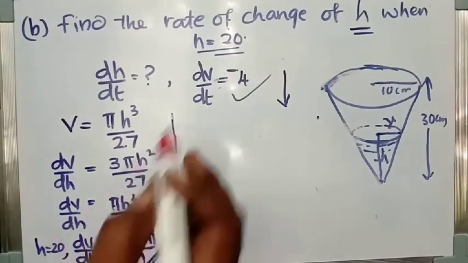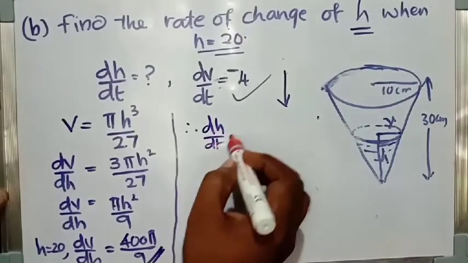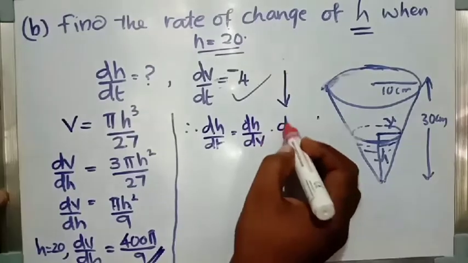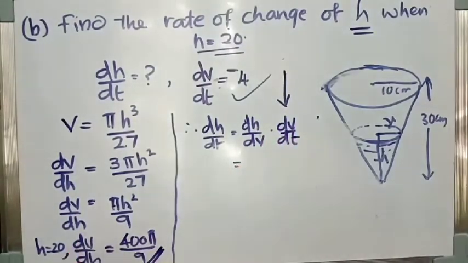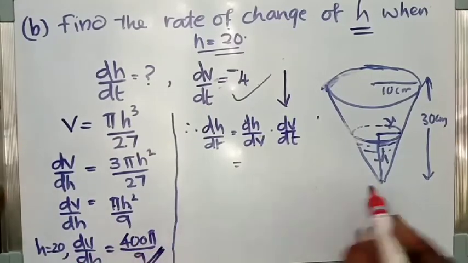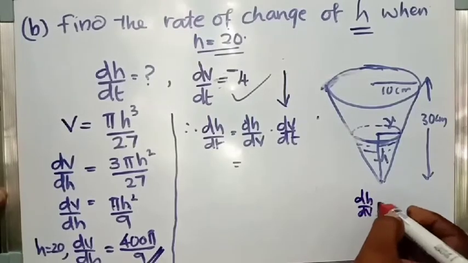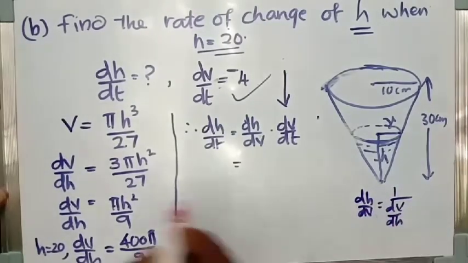Okay, so now we can write dh by dt is equal to dh by dV multiplied by dV by dt. You know dV by dh is 400 pi by 9. So what will be dh by dV? It's 1 by dV by dh, or the reciprocal of dV by dh.